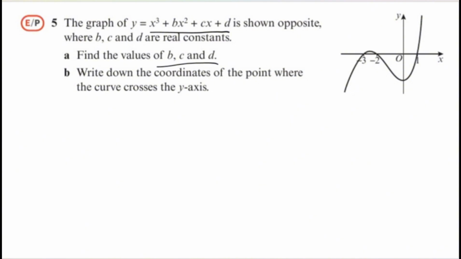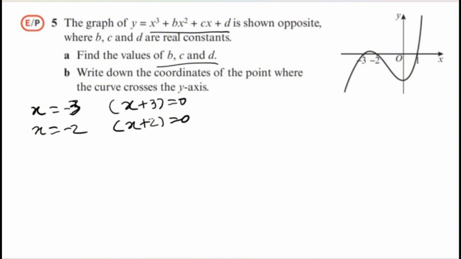So first we are finding this value. I can see my first intersection point x is minus 3. So what should my factor be? x plus 3 equal to 0. That's one of my brackets. When x is equal to minus 2, x plus 2 equal to 0.